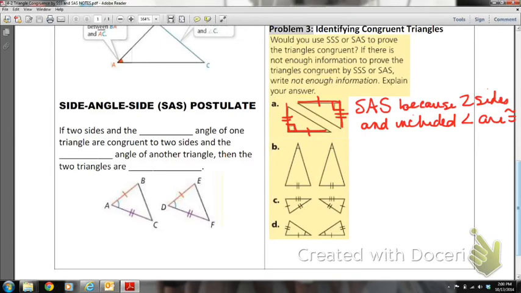In the next one, in B, we have two sides that are congruent by the congruence markings, and we have two angles that are congruent. So we have one pair of sides, one pair of angles.